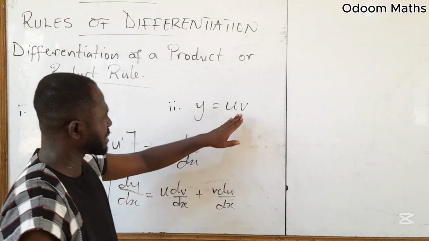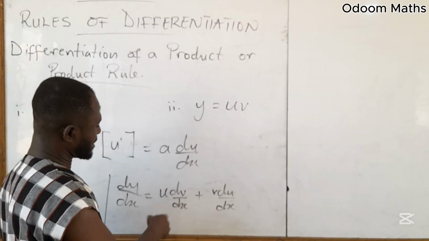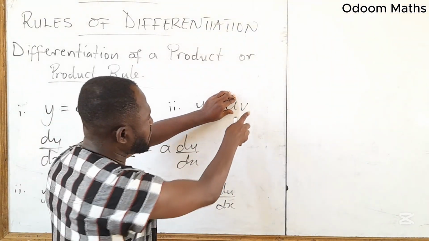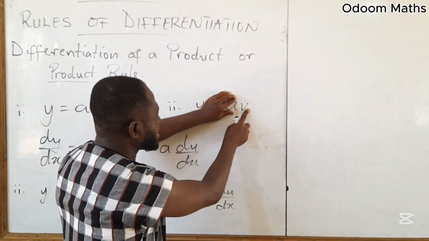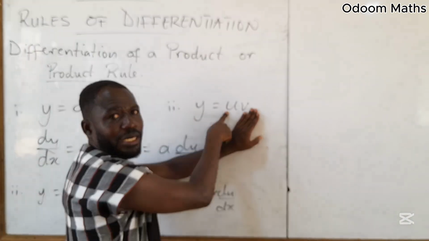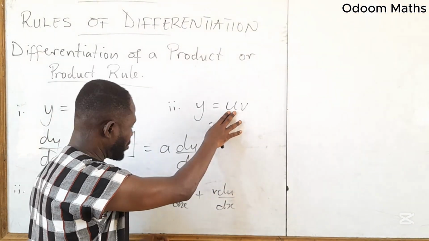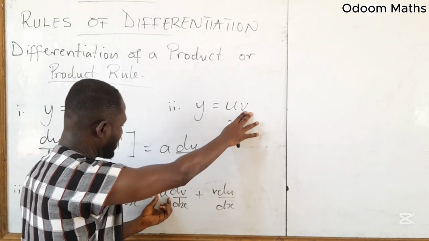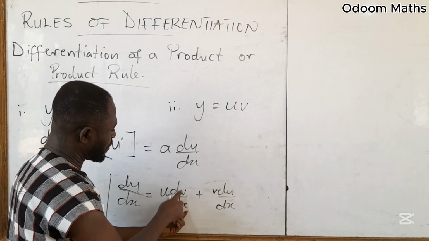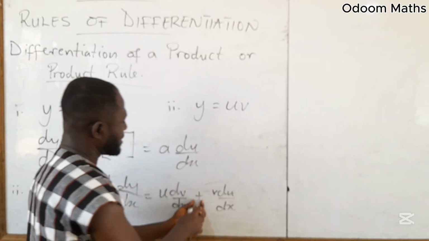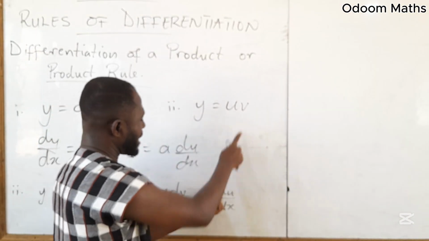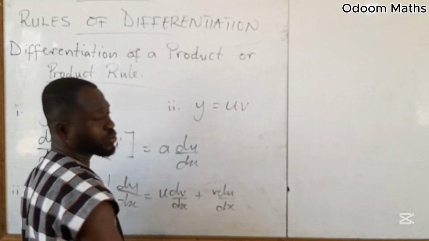So we take this, look at u dv dx, that is, we take this one and differentiate this one, plus we take this one and differentiate this one. So in the first instance, we kept u and then differentiated v, so u dv dx. Plus now we kept v and then differentiated u, so that is also here.